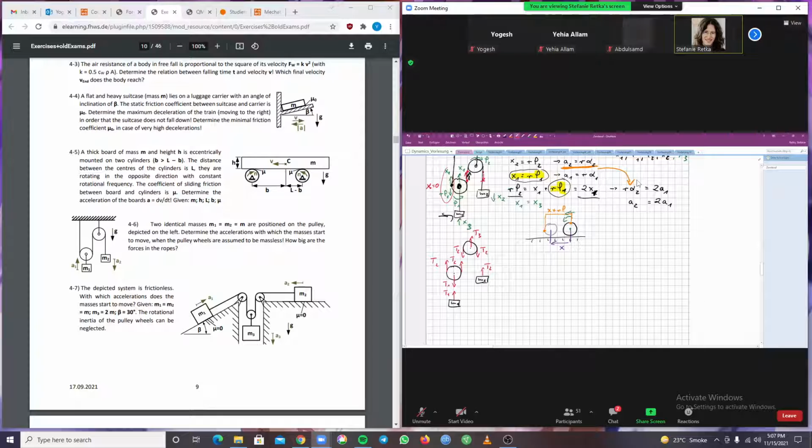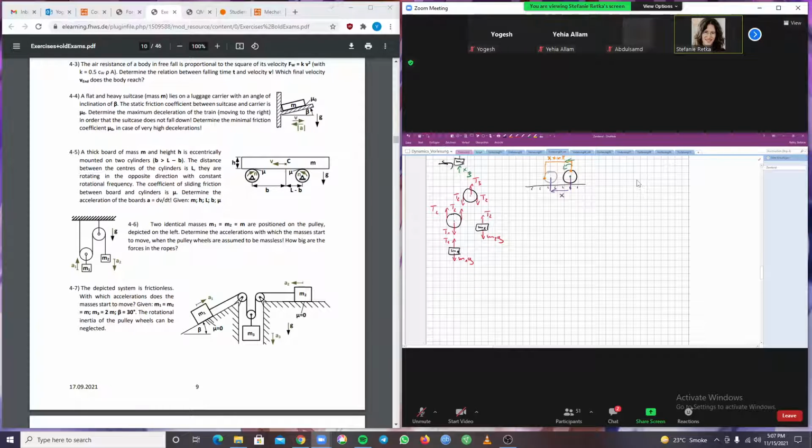And we have to consider the force of gravity for both masses, M1 g, M2 g, and we have to consider the inertial force acting opposite to the direction of acceleration.